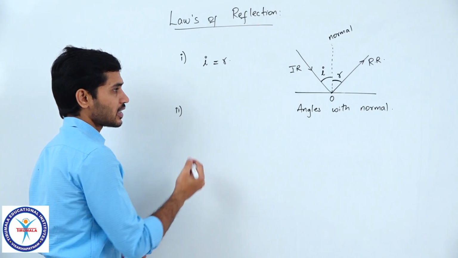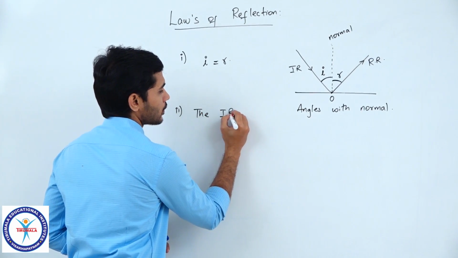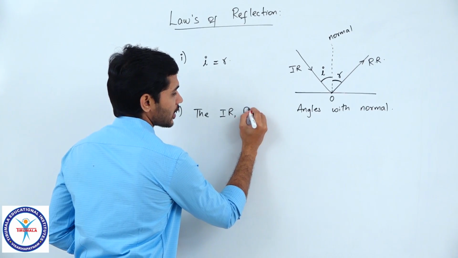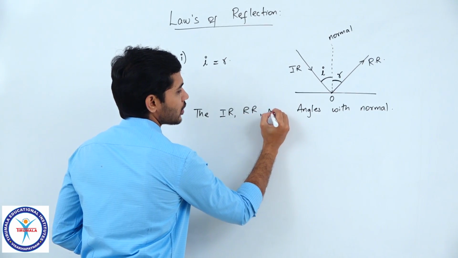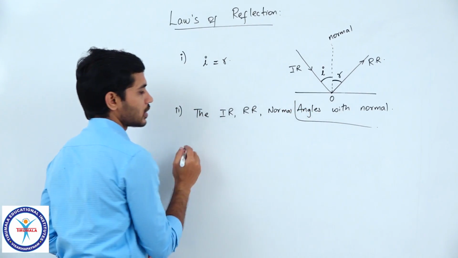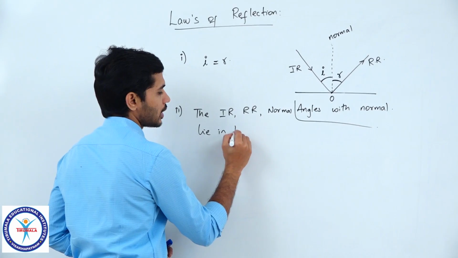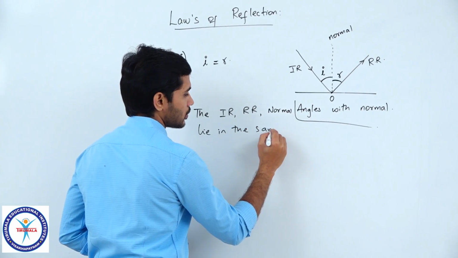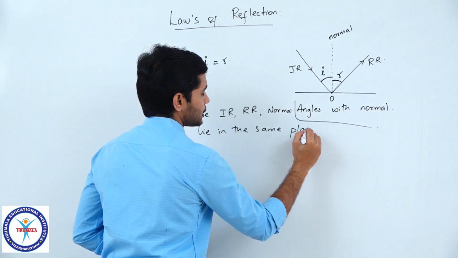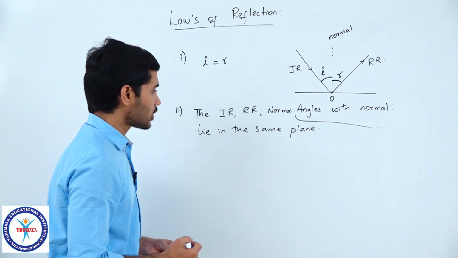It states that the incident ray, the reflected ray and the normal lie in the same plane. This is something you will have to keep in mind.